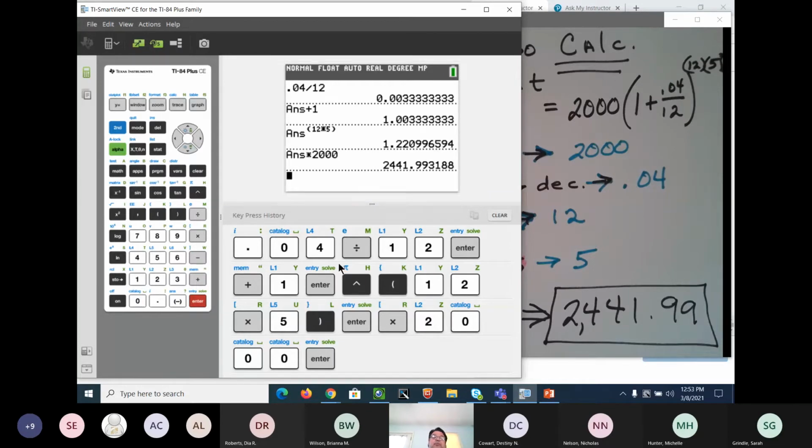There's that. Then I raised that number, raised it to the parentheses 12 times 5, close parentheses, and that's that right there. And then I multiplied that by 2,000. So that's your answer, 2441.99.